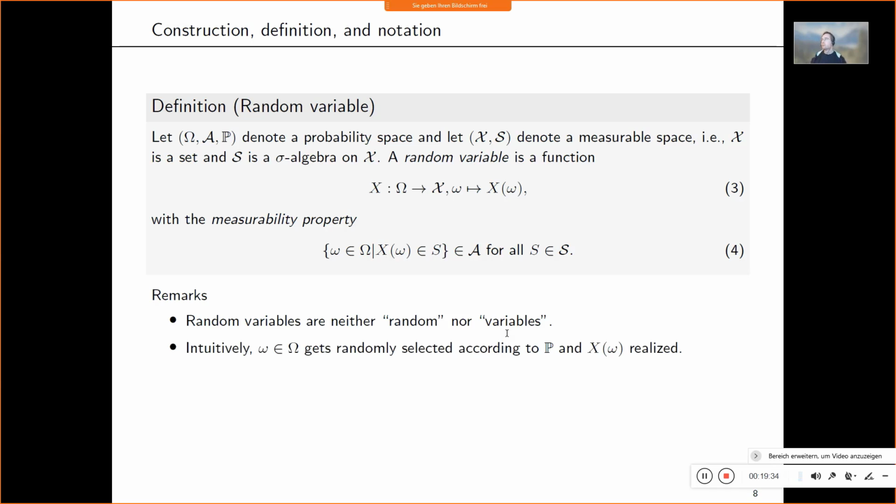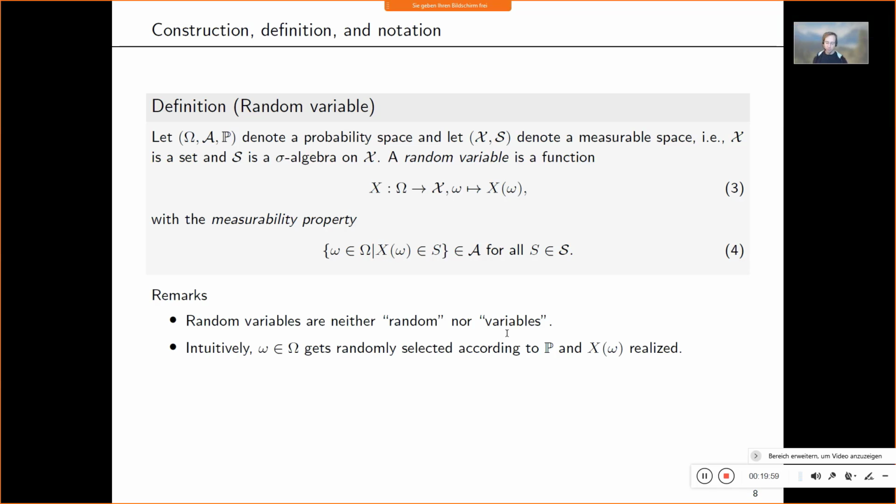The question is, where does this stochasticity come in, or where is the randomness modeled? This is again the idea, I think I mentioned that last week already, that the omega, the elementary outcomes in the elementary outcome space big omega, are randomly selected according to the probability measure that is assigned to them.